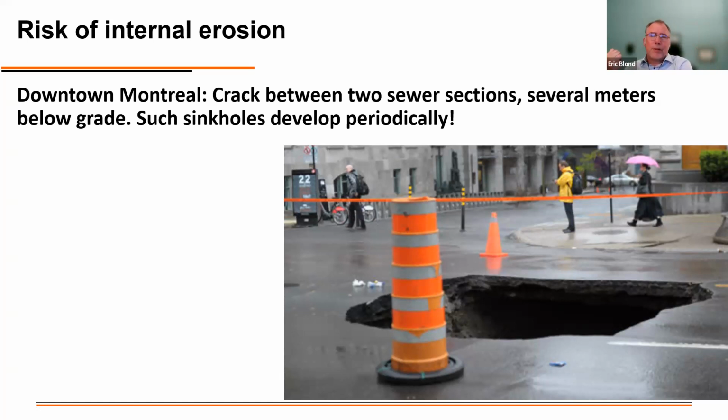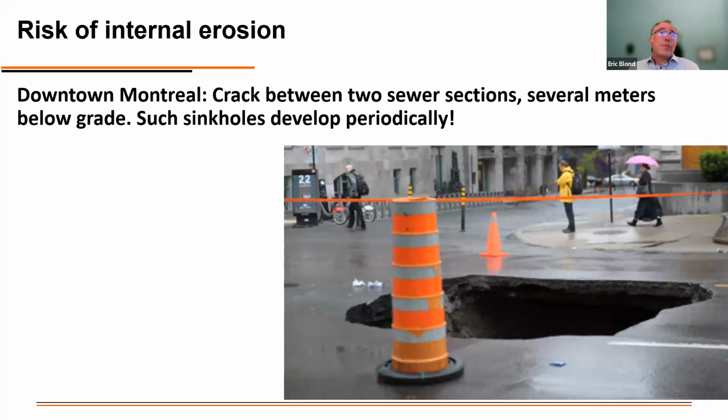I've seen about five of these, so it's not exceptional in the last 20 years. These are coming from water infiltrating through the road or leaking through a water pipe and eventually being collected in a sewer.